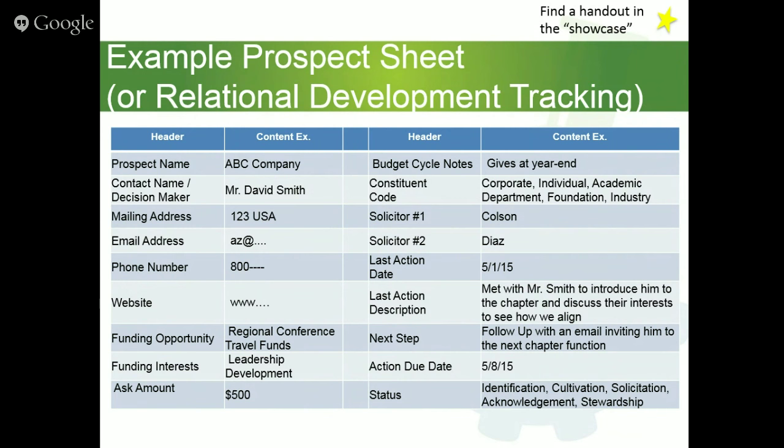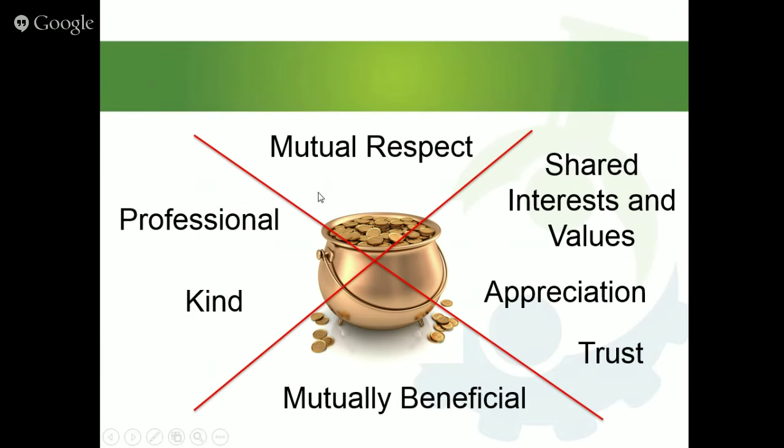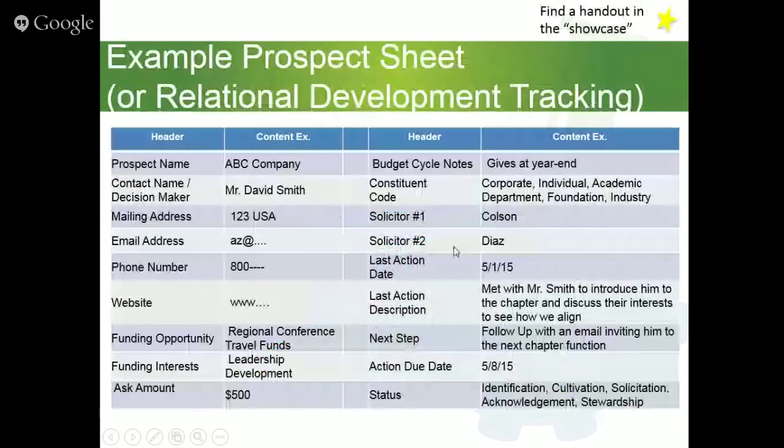It's a very common transitional stage there, and so you always want to have a solicitor 2, somebody else on deck, somebody that knows who Mr. David Smith is, somebody who accompanies you on meetings, who when Mr. Smith comes to your events, he's also familiar with, so that this person, when you leave, when you step out of your role, easily transitions into this role and immediately has a relationship here. Often overlooked. You never want to be the only solicitor.